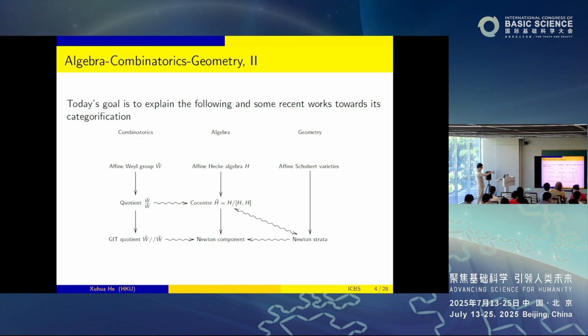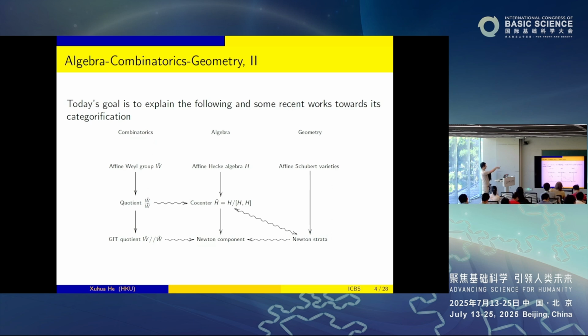However, we can go one step further, to what I call a GIT quotient. I borrow the name from geometric invariant theory, and the double slash is the notation for this GIT quotient.